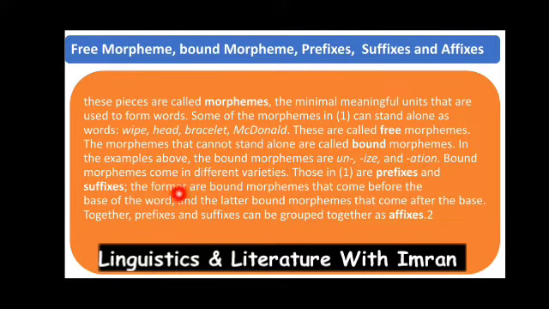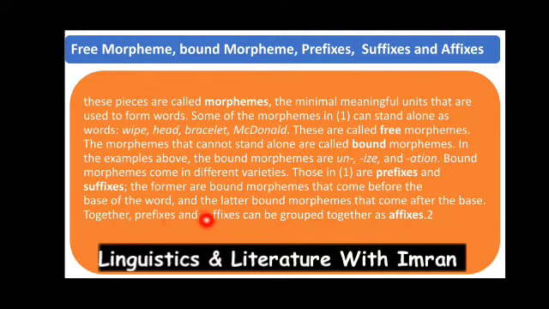Bound morphemes come in different varieties. Those in our examples are prefixes and suffixes. The former are bound morphemes that come before the base of the word. When a letter or a group of letters comes before the base of a word, we call it a prefix. So un is a prefix. And the latter are bound morphemes that come after the base.